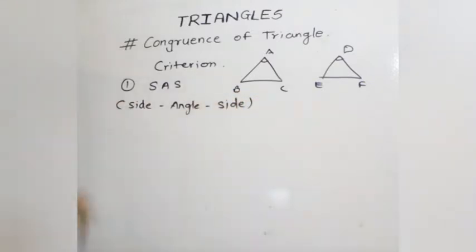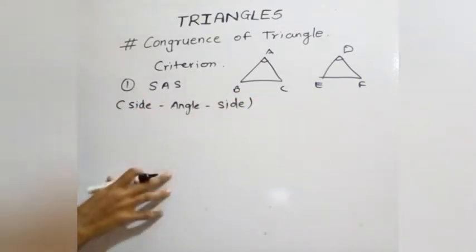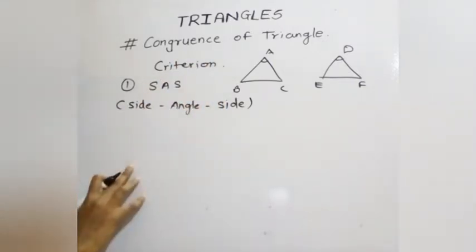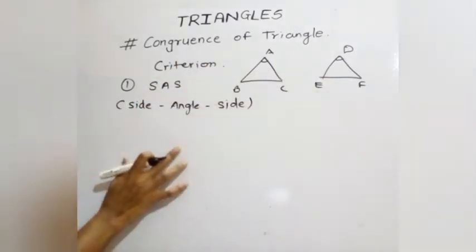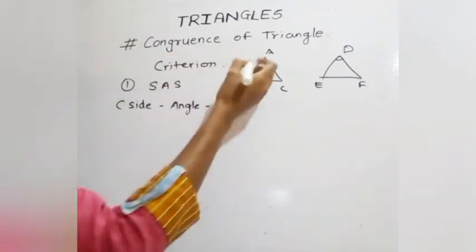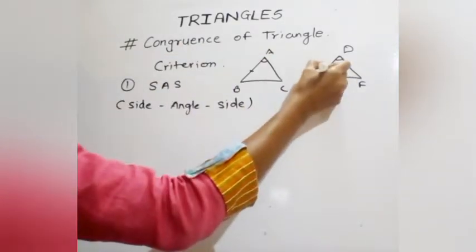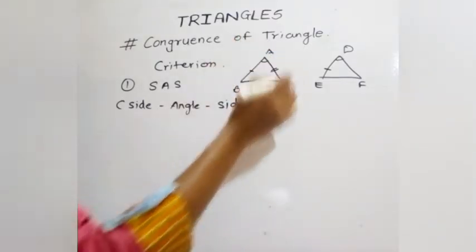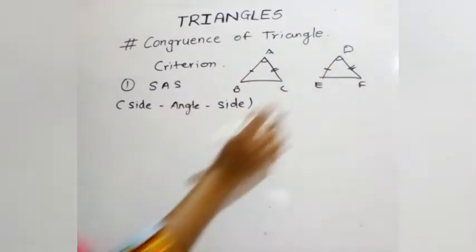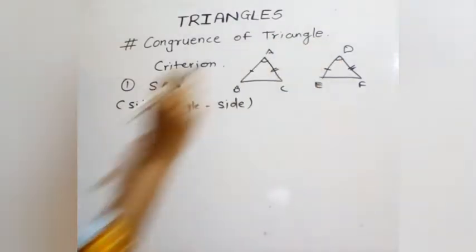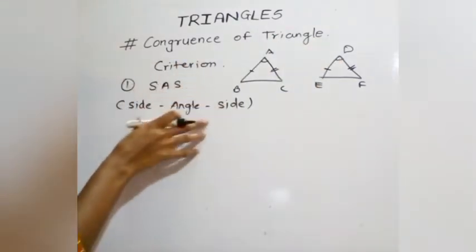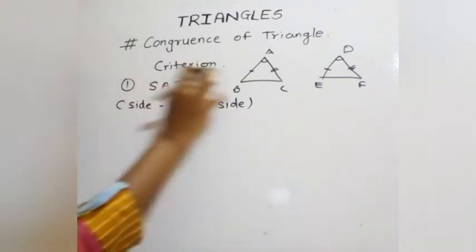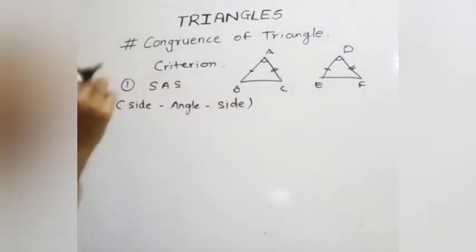This criteria says if the triangle is having two sides and one angle equal, then both these triangles are congruent. Let's say this side AB is equal to side DE and this side AC is equal to side DF and angle A is equal to angle D. Then the SAS criteria is fulfilled and both these triangles are congruent.